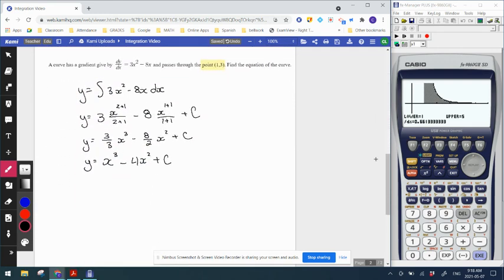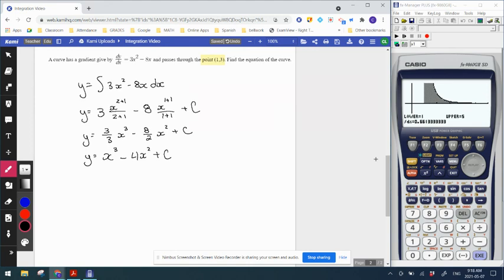Now the different part comes in, and that's when we add in this point 1, 3. So now it's giving me more information about my graph that is going to let me find that c value. So this is going to be my x value, and this is going to be my y value. So we're going to have 3 equals 1 cubed minus 4 times 1 squared plus c.